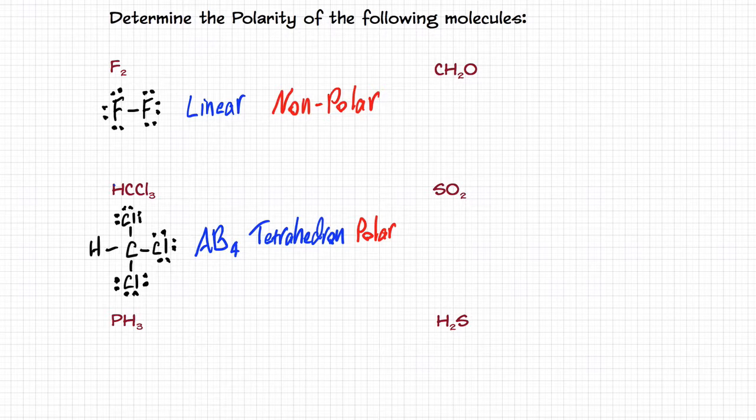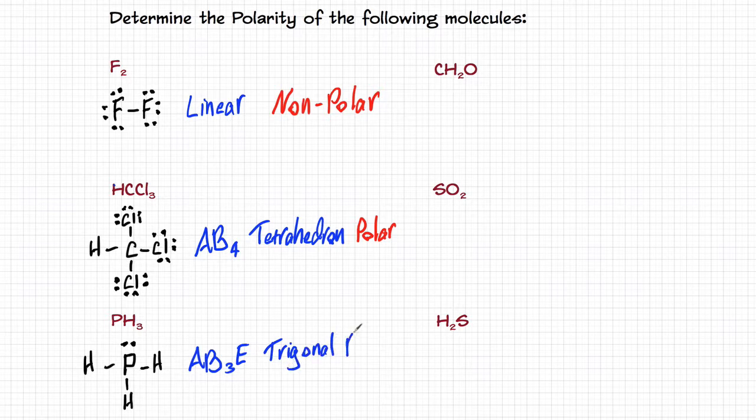Okay, for the next example, the Lewis dot would look something like this. And this is an AB3E, and that means the shape is trigonal pyramidal.